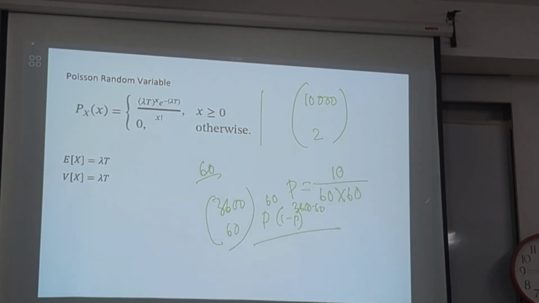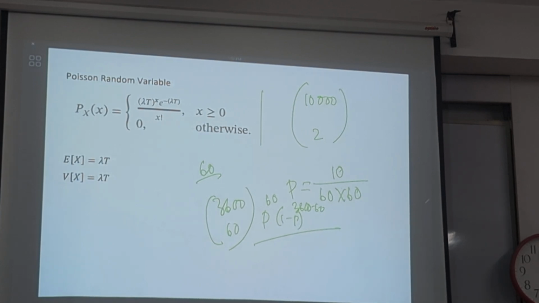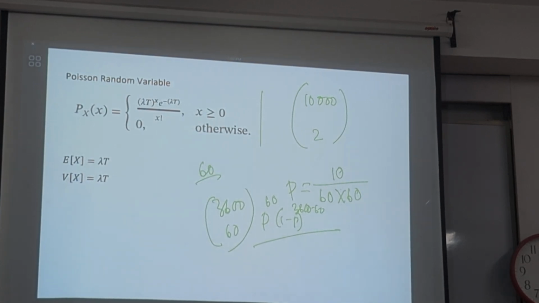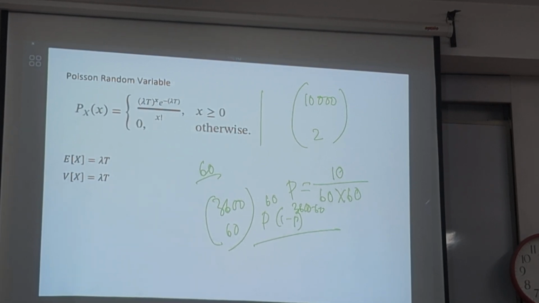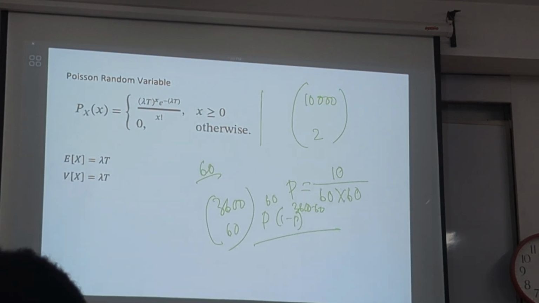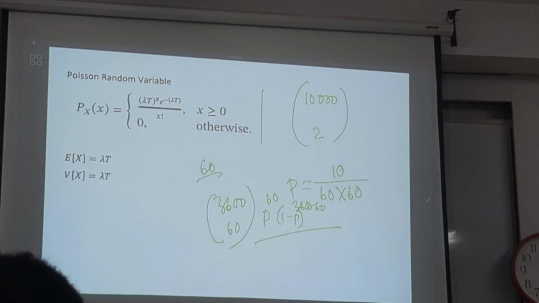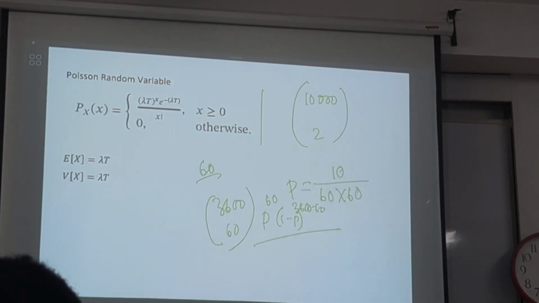So every time we want to do that, what happens? Some event occurs, some phenomenon occurs, and we have knowledge about the average rate of its occurring. For example, the average number of cars arriving at a particular spot, customers arriving at a store, patients arriving at a hospital, guests arriving at a community center.